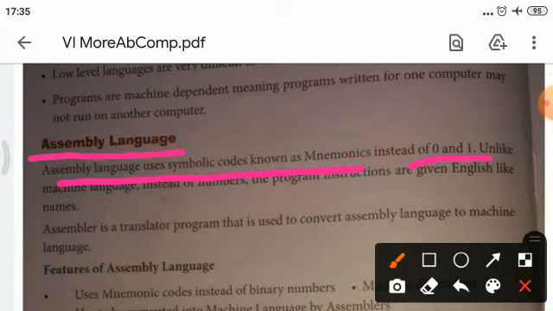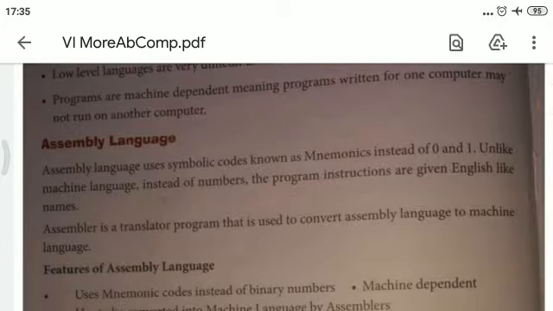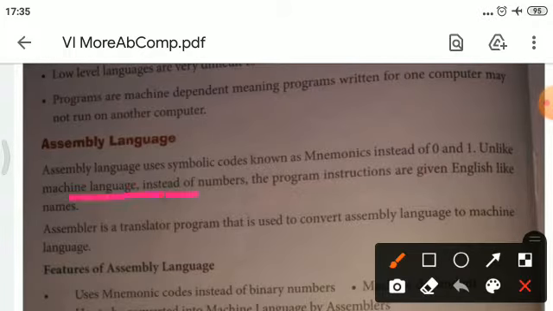And unlike machine language, instead of numbers, the program instructions are given in English like names. Assembler is a translator program that is used to convert assembly language to machine language.